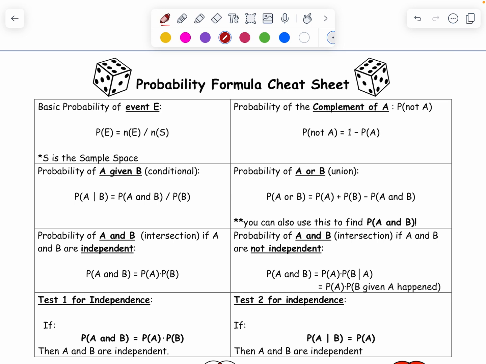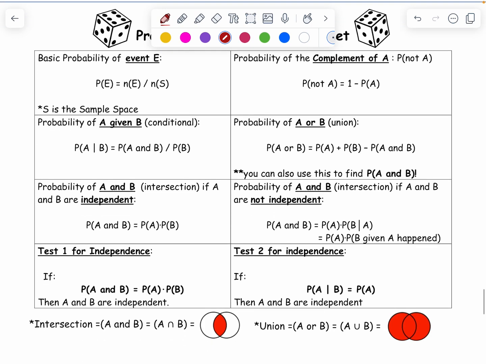We also have our OR probability expression, which is basically the union of two sets. So basically we want to consider everything in the particular set and add them all together.